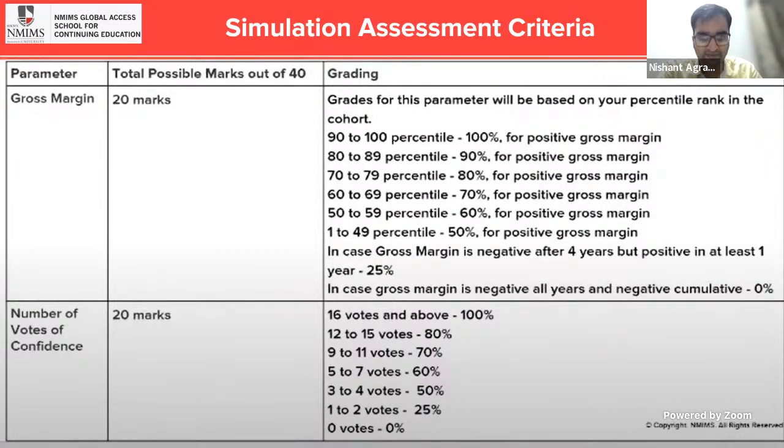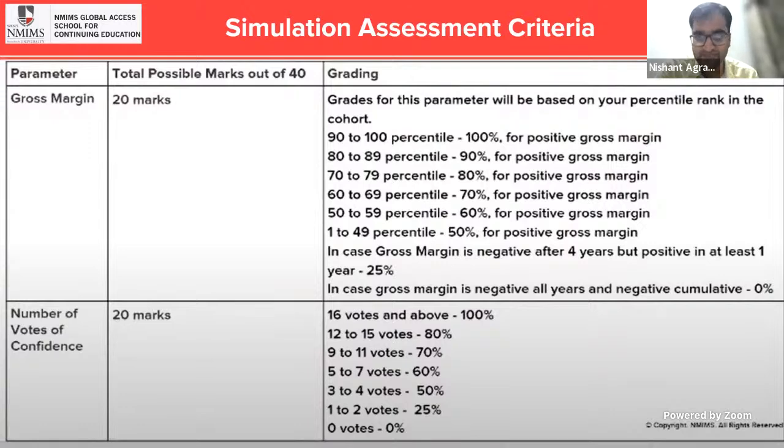Similarly, maximum 20 marks for votes, for a total of 40. So 20 plus 20. If you get 16 votes, then 100% marks, 20 marks. 12 to 15 votes, you will get 80% of 20. 9 to 11 votes, 70%. And if you are not getting any votes, automatically it will be 0.